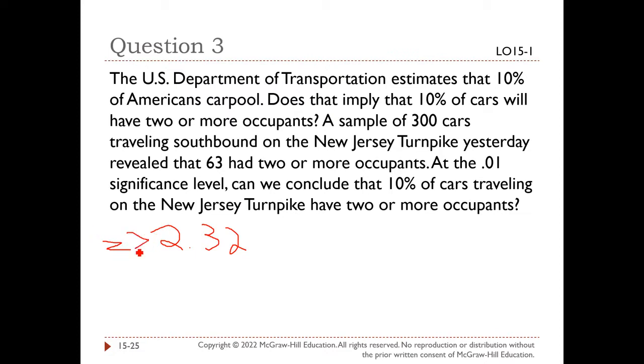We're going to reject if Z is greater than that. Figuring that there's a slight error going on here, but we're going to keep with the book.